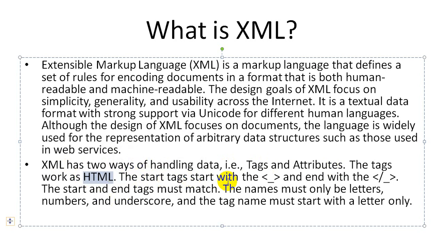The start tag starts with this, and the end tag starts with a slash, and the start and end tag must be matched. The names must only be letters, numbers, underscore, and the tag name must start with a letter only.